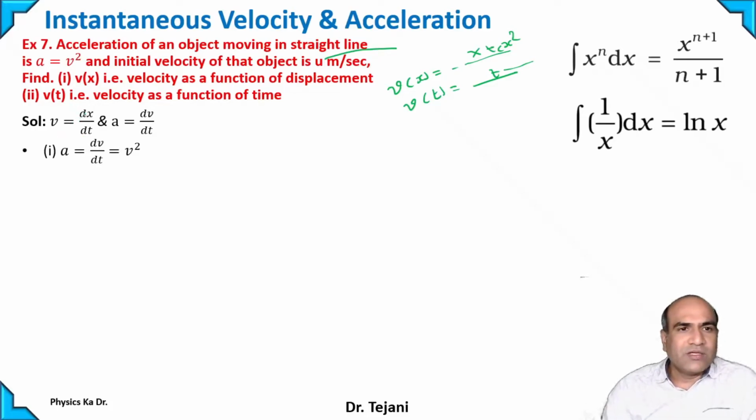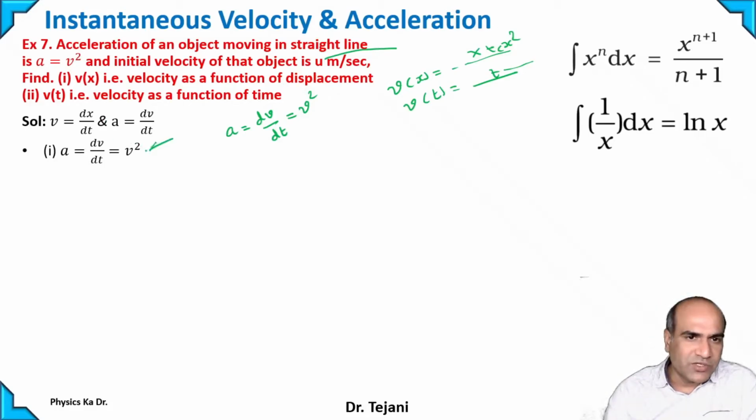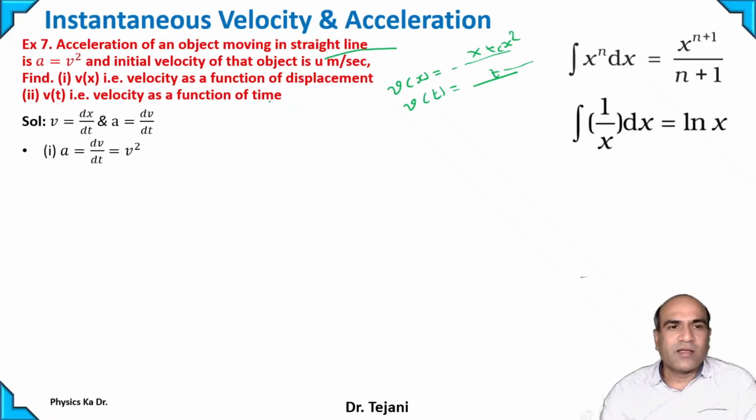So here, a is equal to dv by dt, and we know that a is equal to v square, so we can write dv by dt is equal to v square. But to derive v of x, we need an x term there.